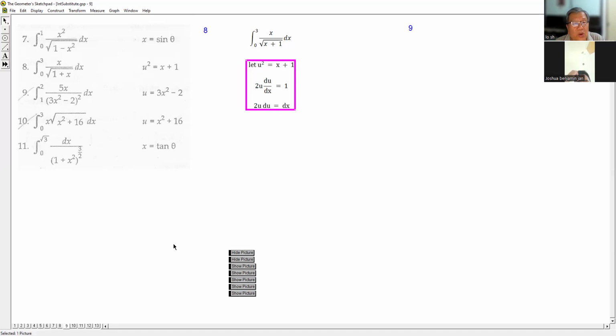So it's no longer du equal to dx or du equal to 3 dx. Not so simple anymore. You see that here, the dx, when you separate them, it's 2u du equal to dx. But when you look at the question there, the dx is here, this part.